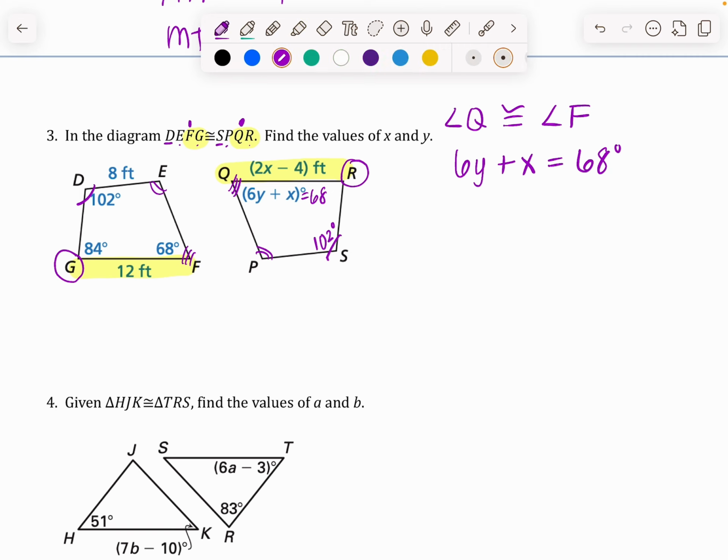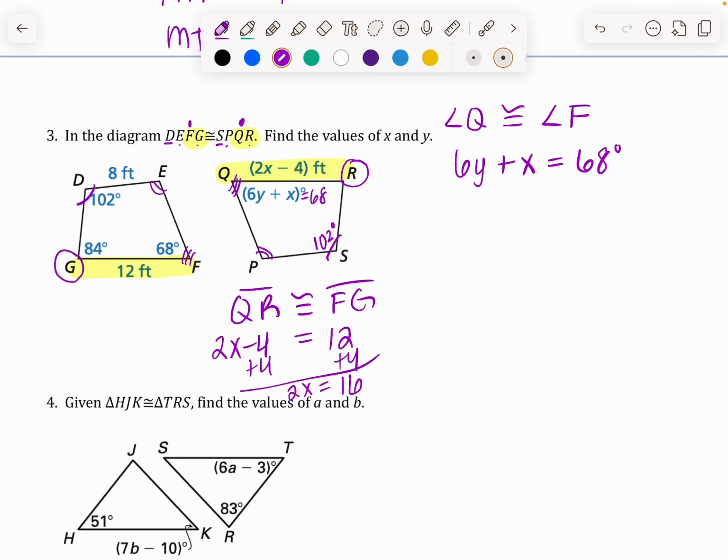So that means that since QR is congruent to FG, we could say that 2x minus 4 is equal to 12. We will add the 4, and we're going to get 2x is equal to 16. Divide by 2, x is equal to 8. Then we can plug that back in up here.